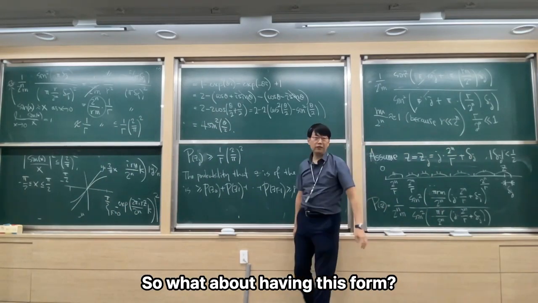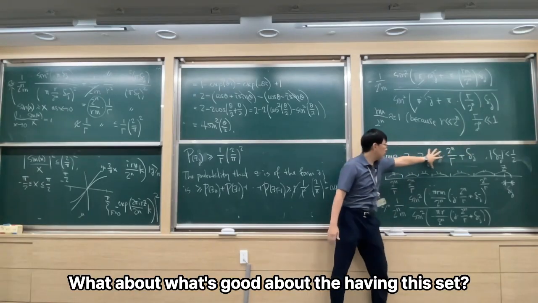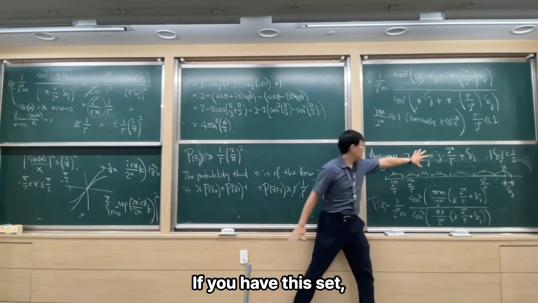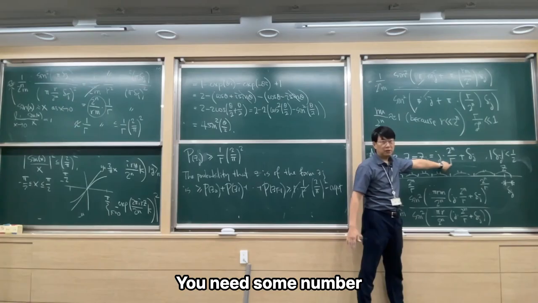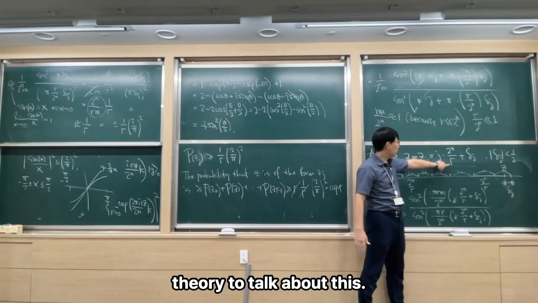So what about having this form? What's good about having this z? If you have this z, you can find r by continued fraction. You need some number theory to talk about this.